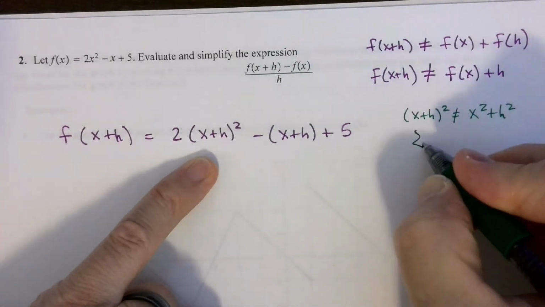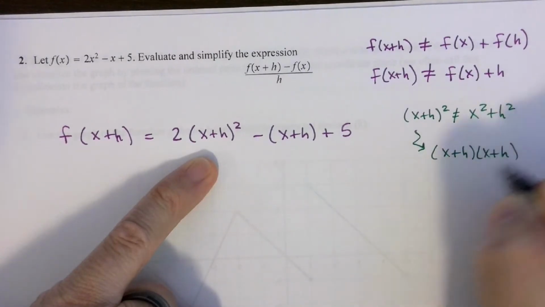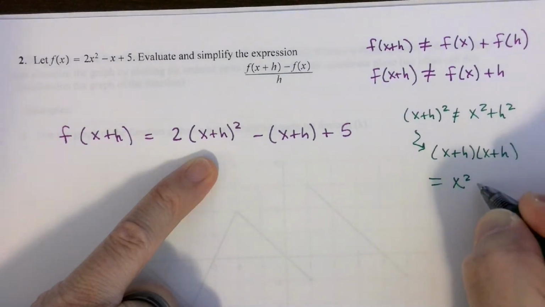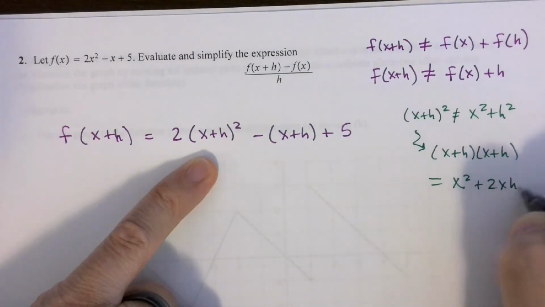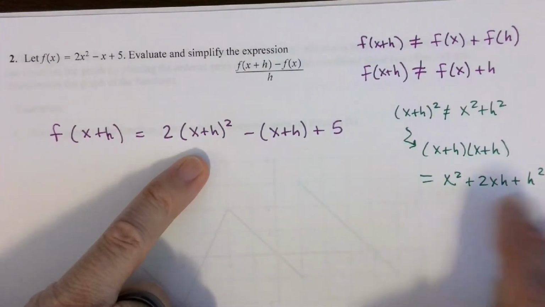So remember, what is this? This is x plus h times x plus h. And if I follow that out, I get x squared. The outer and inner are xh, so that's a total of 2xh, plus last times last, h squared. So you've got to be able to do that very regularly without much deep thought.